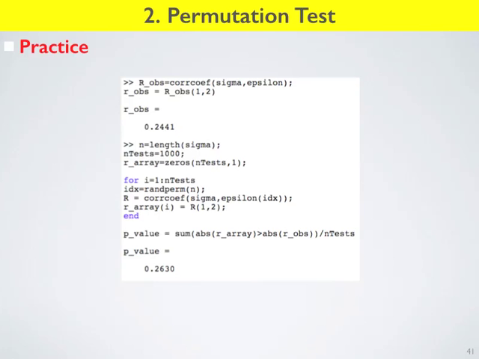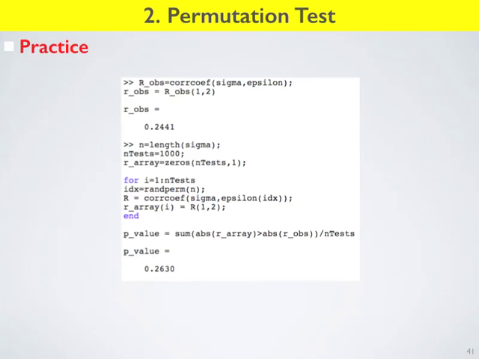Okay. And so then we have to actually do what we stated we were going to do, which was say, under all these scrambles, what is the probability that I observe a Pearson correlation coefficient greater than 0.2441? So when I artificially break the correlations, what's the probability I get this value or higher? That's exactly what we're doing here. We take the sum of the absolute values of the R array, so we're not worrying whether it's plus or minus.